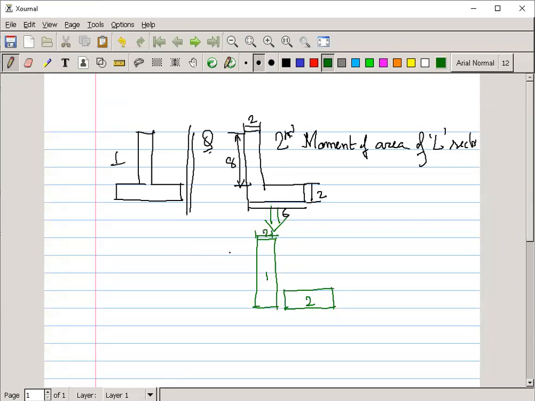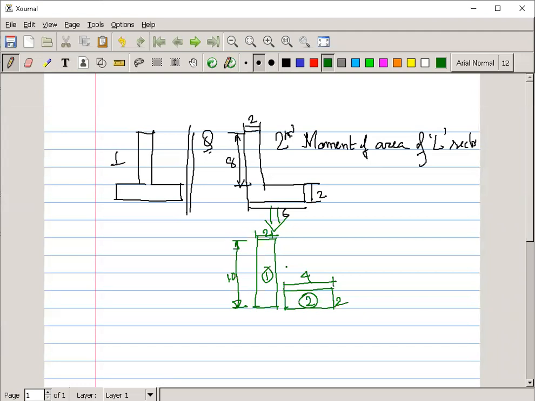This is 2, and this is how much? Please tell. 10, sir. Yes, this one is 4 and this one is 2. This is the second part, this is the first part. Up to this, I think no one has any problem, right?